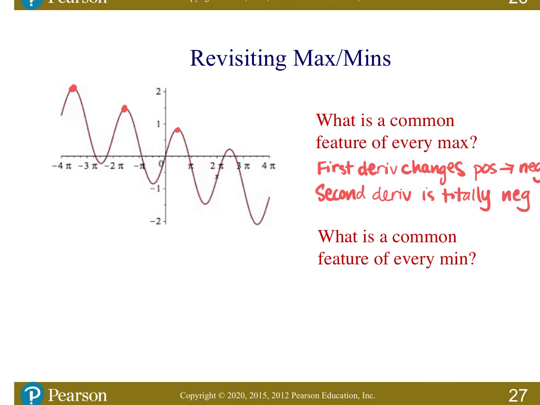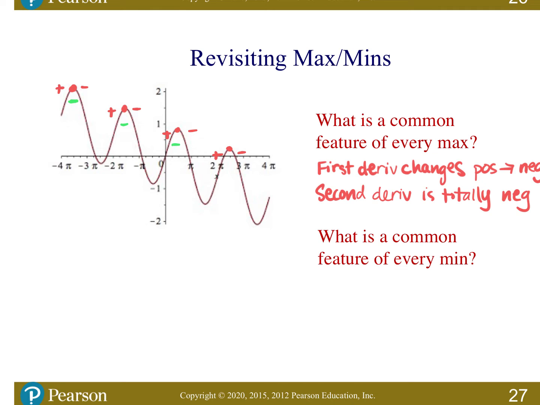So the first derivative, that's the first derivative test. The first derivative changes from plus numbers to minus numbers. That's always true. But in terms of concavity, it's fully minus all the time. And so every max has those properties where the first derivative changes from plus to minus, but the second derivative is fully negative in that region, in that locality.